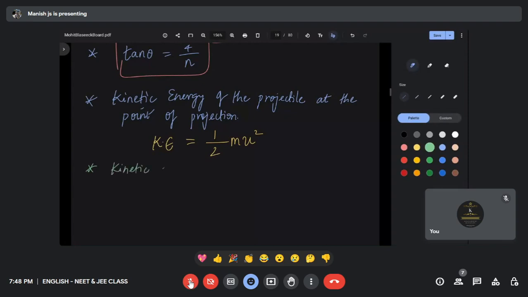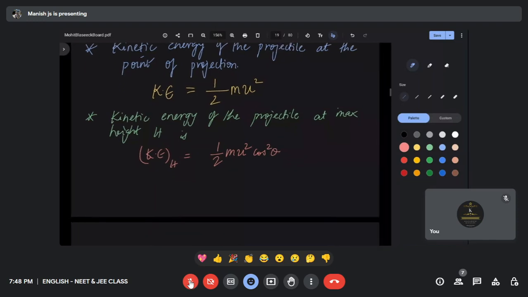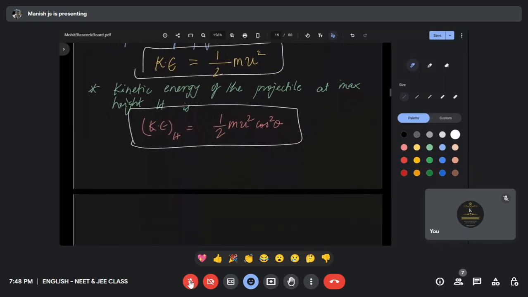Kinetic energy of the projectile at maximum height h is given by KEh, in particular for maximum height, that's half mu squared cos squared theta. Okay, so this is the formula that you need to effectively use for the maximum height condition.